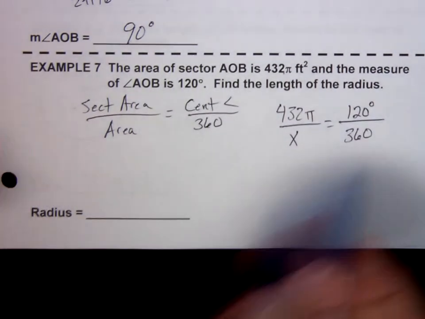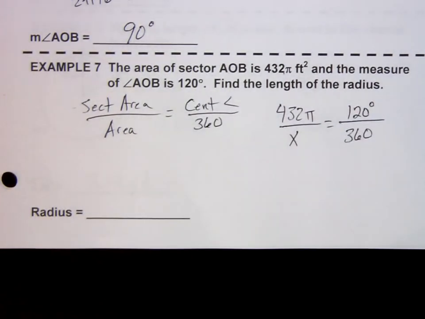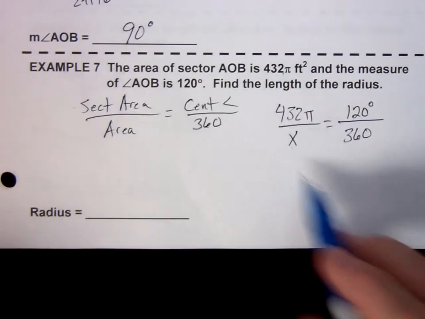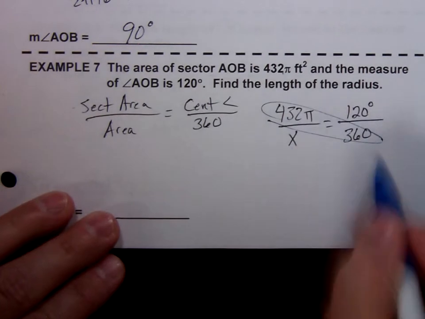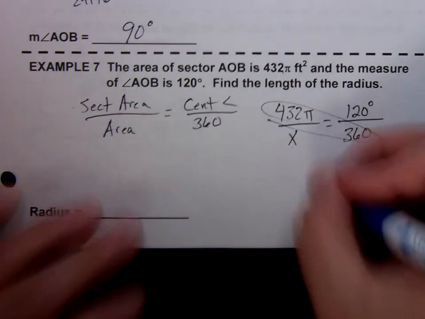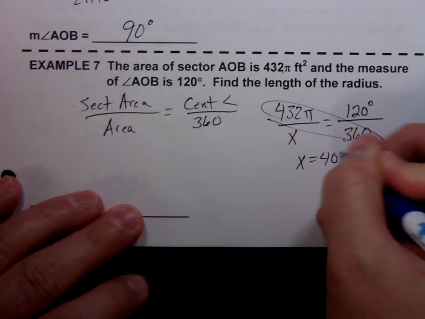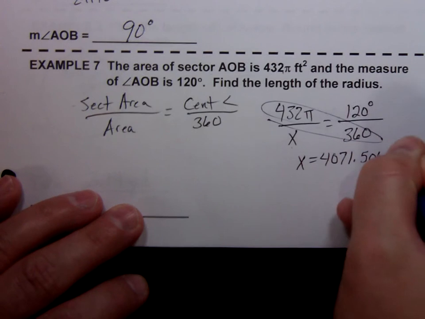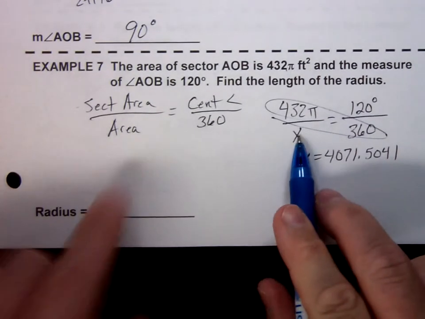So when I set everything I know into that proportion, I only have one variable. I can solve for that variable. So I'm multiplying 432 pi times 360 divided by 120. Now, we are not done right there, though, because that variable was holding the place of area.